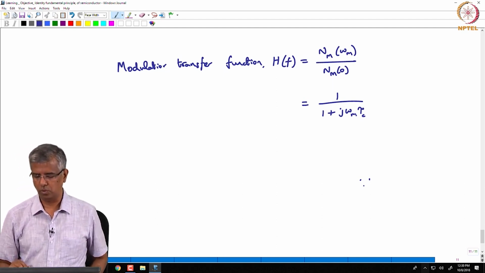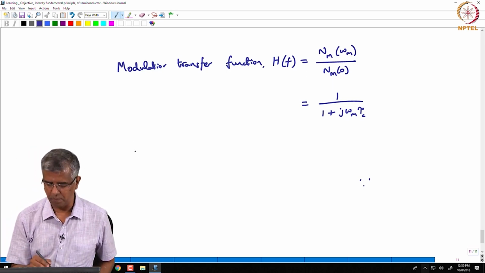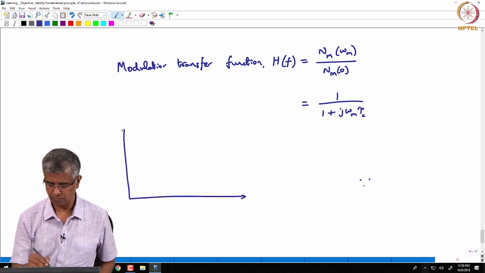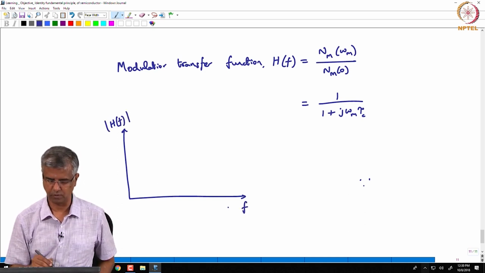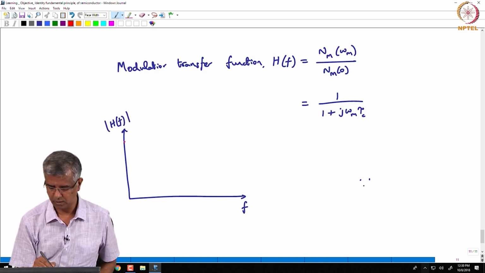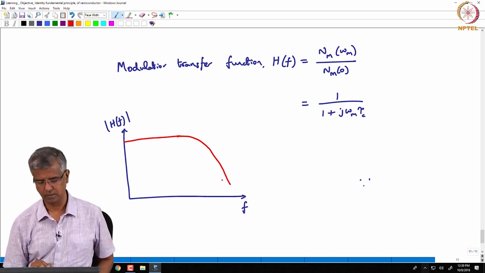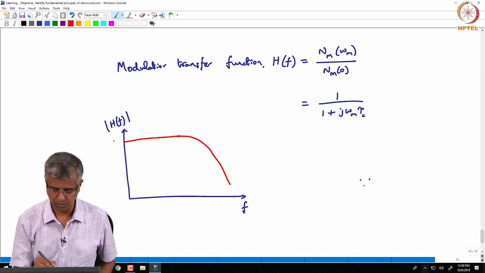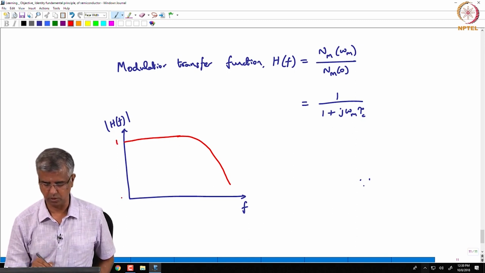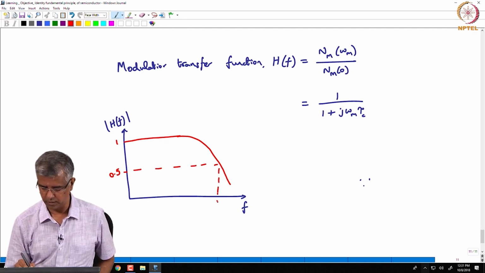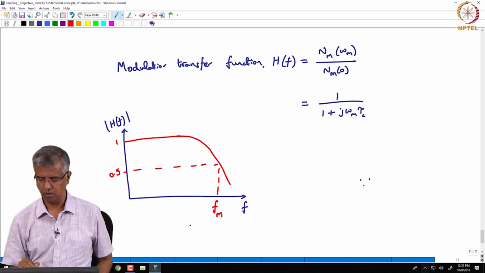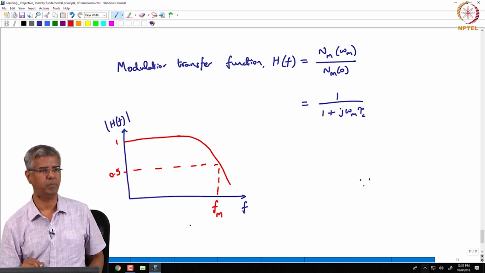So, if you plot the magnitude of h of f as a function of f, what you will find is a flat line and then it is going to start coming down. So, let us normalize this. This corresponds to 1, but we are interested in the frequency at which the modulation transfer function falls off by 3 dB or half.